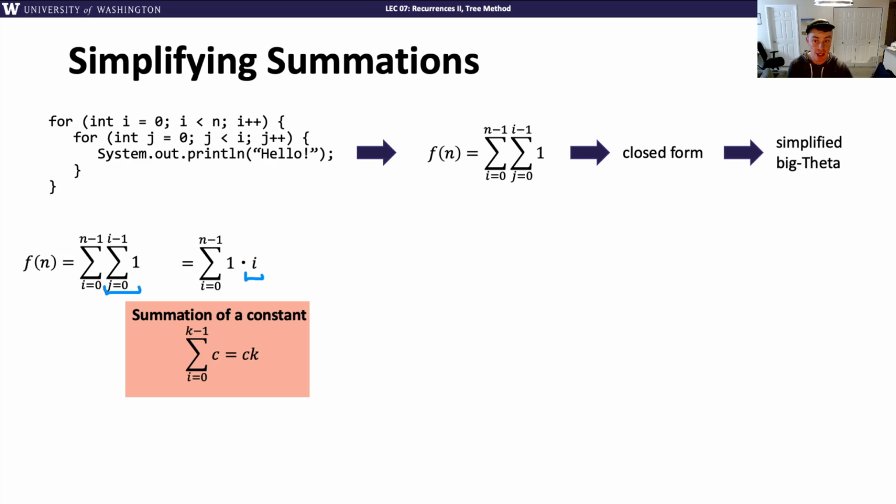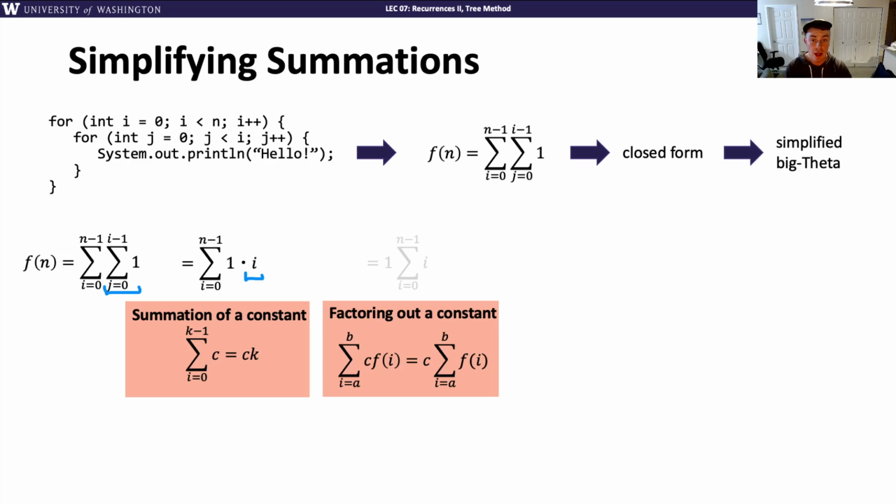We'll apply another summation identity. This one says you can factor out a constant. When you are multiplying a value at each term of your summation, it's the same thing as pulling that constant out. This is similar to how, maybe in your algebra classes, you can factor out a common multiple of a sum and say, oh, it's just this constant value times the entirety of this sum.